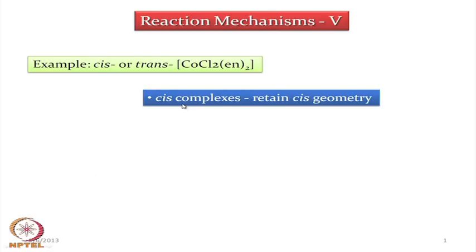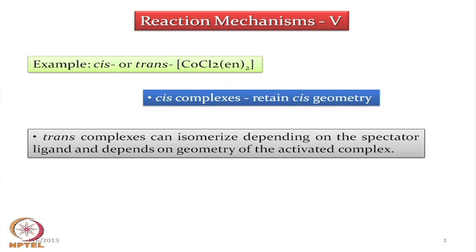So, these cis complexes are responsible for retention of the cis geometry. This is one such example of cis complexes of cobalt which retain their cis geometry, that means no other form is forming there.